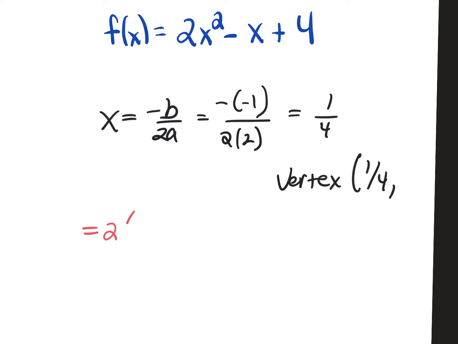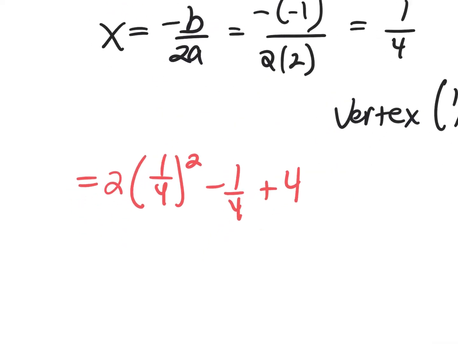I have 2 times 1/4 squared minus 1/4 plus 4. Here's the hardest part. You just have to remember, when I am squaring a fraction, guys, that 2 goes to where? The numerator and the denominator.